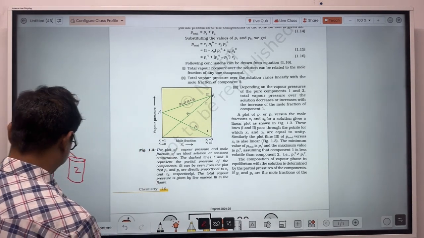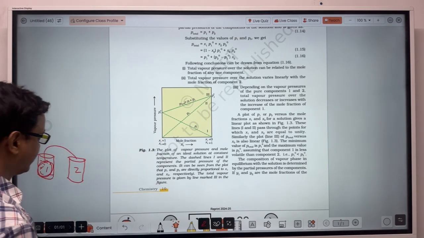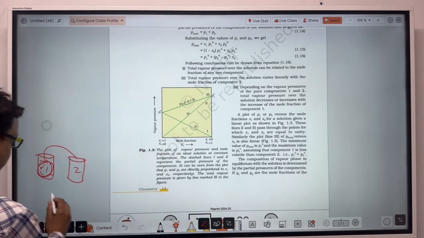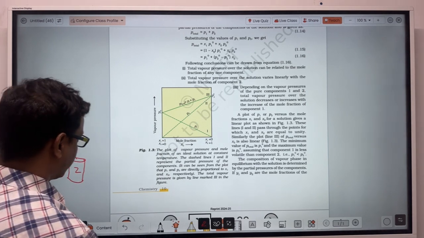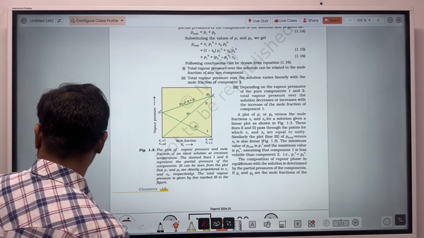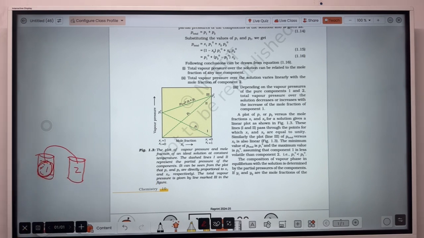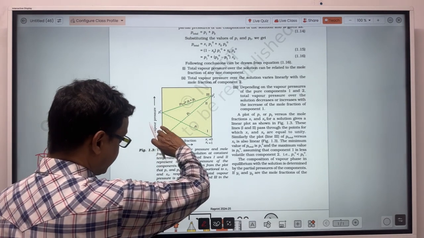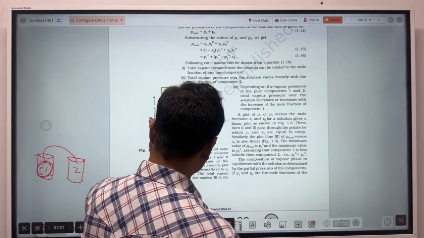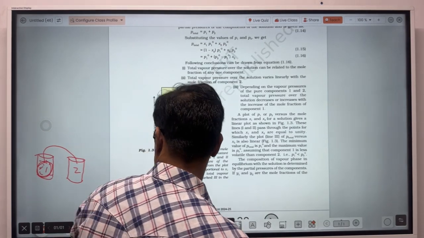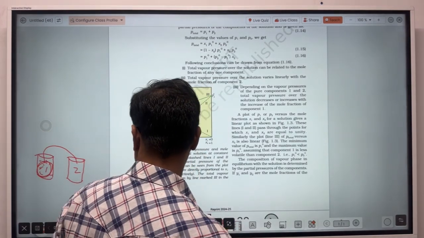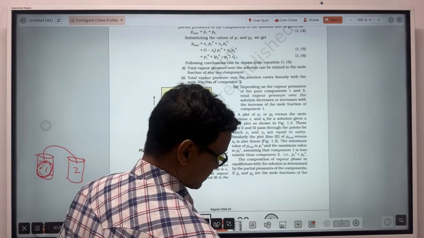At this state, the mole fraction of liquid 1 will be 1 and that of liquid 2 will be 0. When you add liquid 2 in liquid 1, the mole fraction of liquid 1 will decrease and that of liquid 2 will increase. So in this graph, as you move from left to right, the mole fraction of liquid 1 will decrease and liquid 2 will increase.